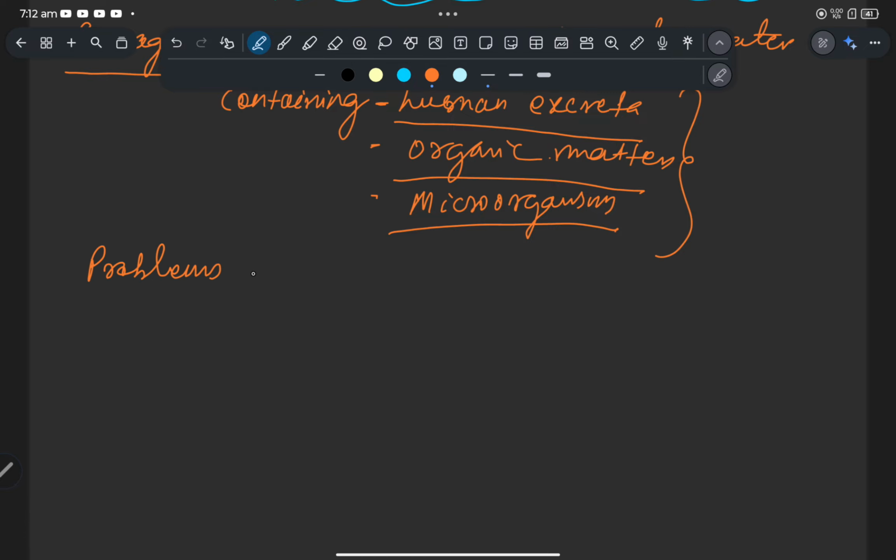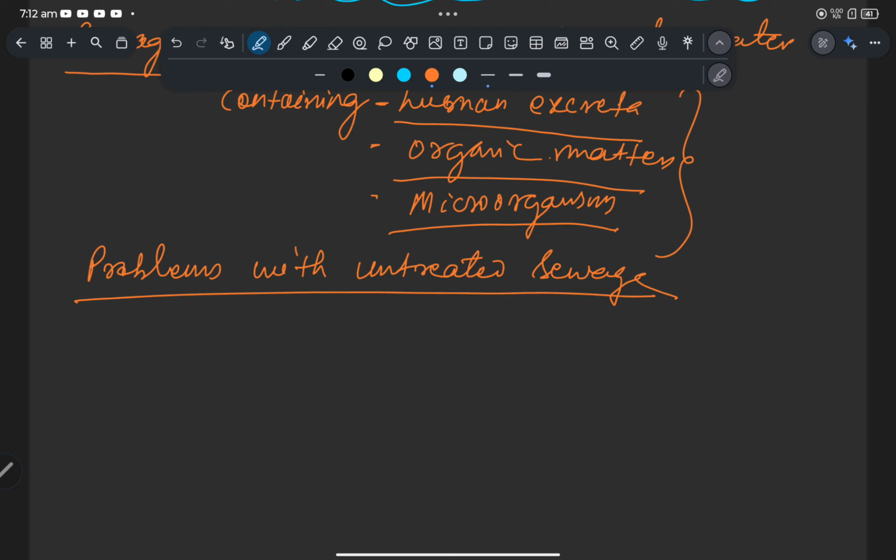Problems with untreated sewage. If we release the untreated sewage, then what will happen? It causes pollution and spreads waterborne disease.